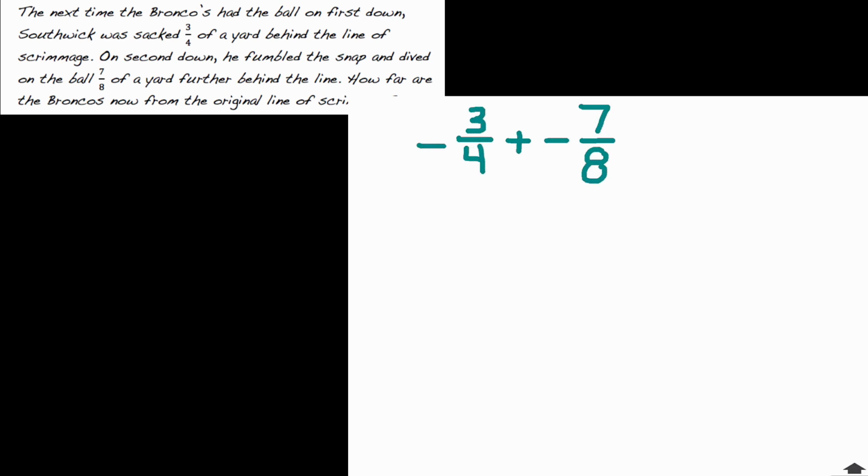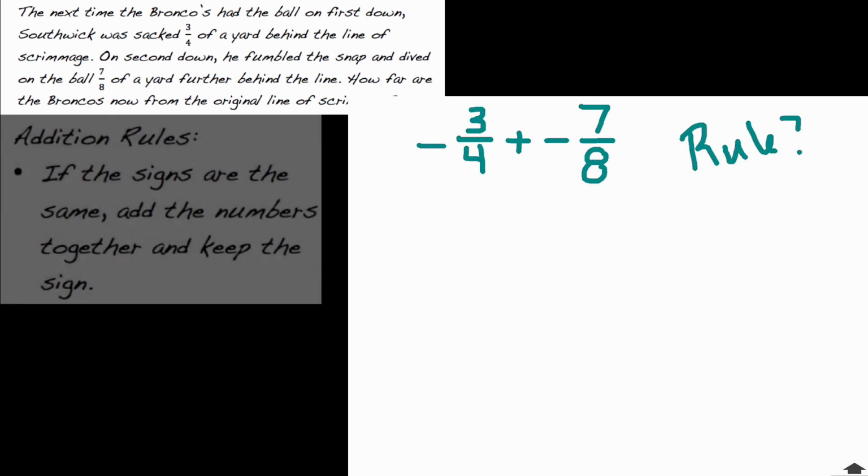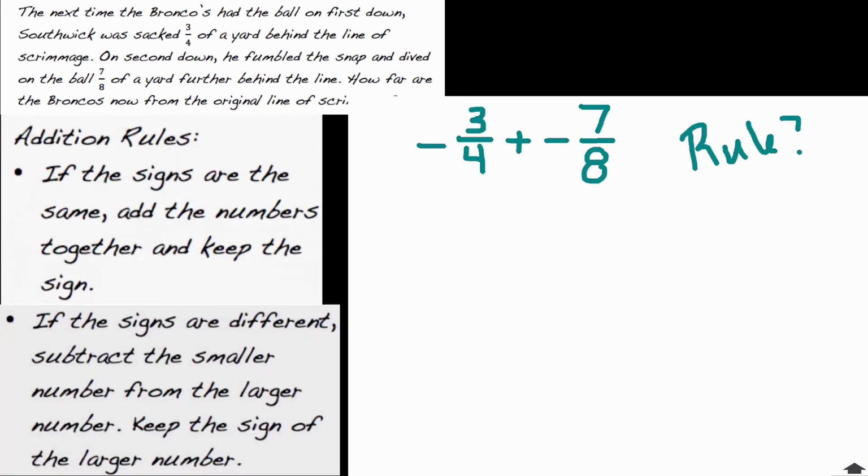Once again, we know that the Broncos moved back 3/4 of a yard on first down, and they moved back another 7/8 on second down. So we are adding these two negative numbers together. So first of all, we want to figure out which rule applies to this particular problem.